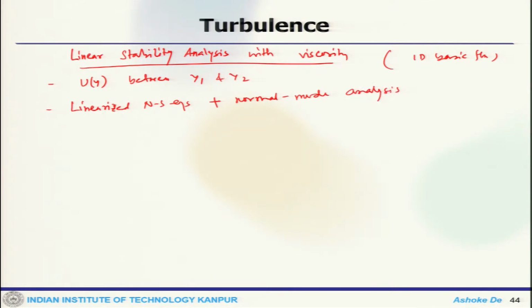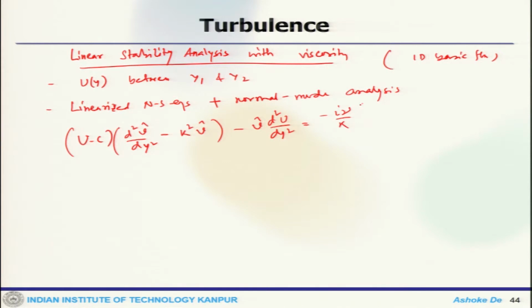which will get us (U minus c)(d2 minus k square) v hat minus d2U by dy2 v hat equals nu by i k times (d4 by dy4 minus 2k square d2 by dy2 plus k4) v hat.